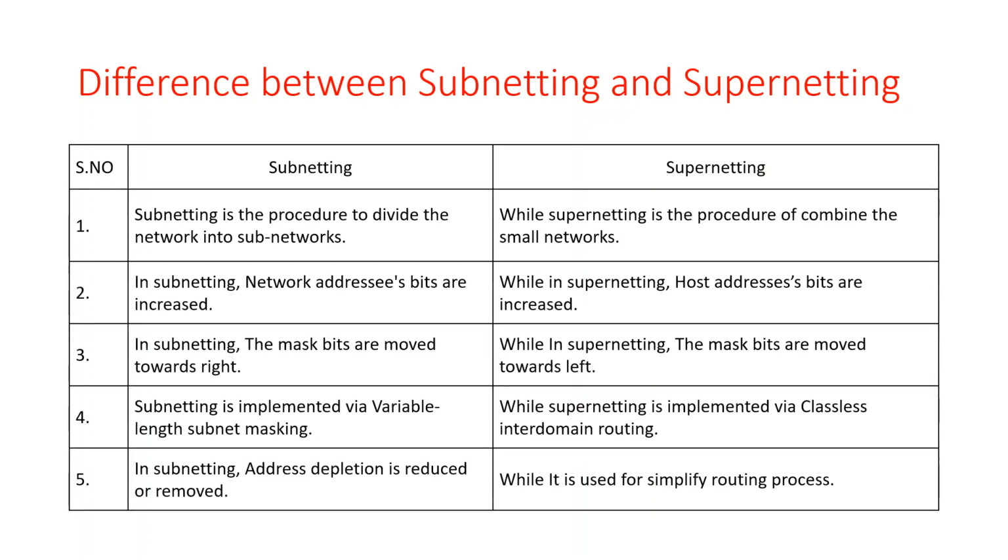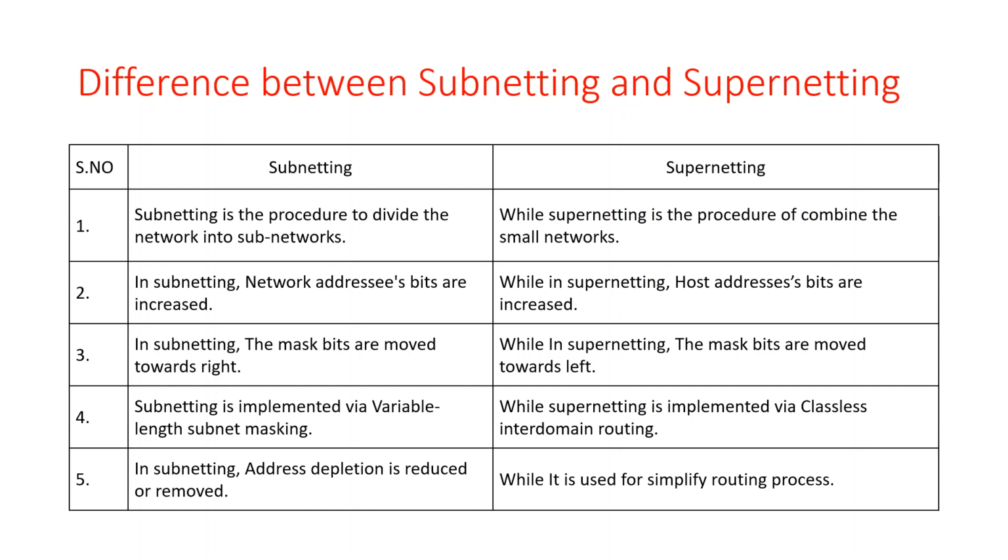So here is the difference between subnetting and supernetting. First point: subnetting is the procedure to divide the network into subnetworks, but supernetting is the procedure to combine small networks. The second point: in subnetting the network address bits are increased, in supernetting host address bits are increased.